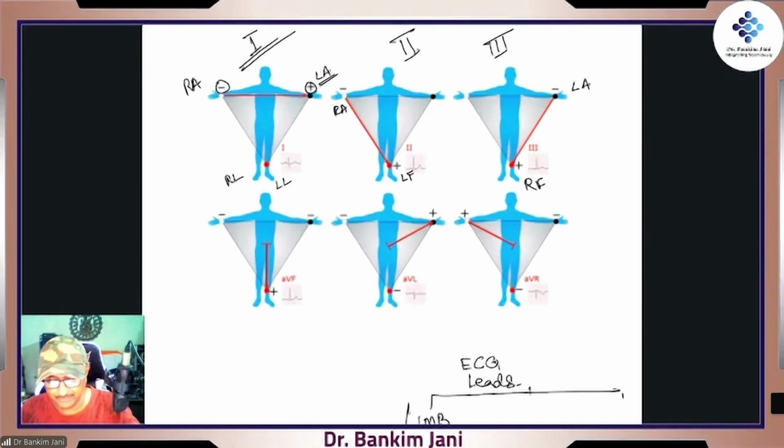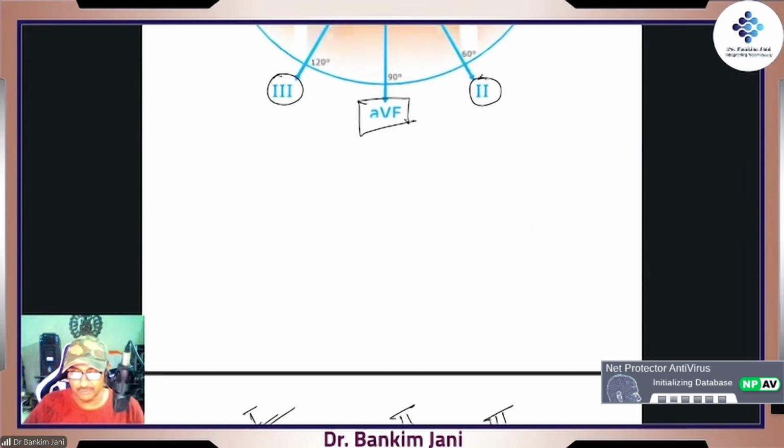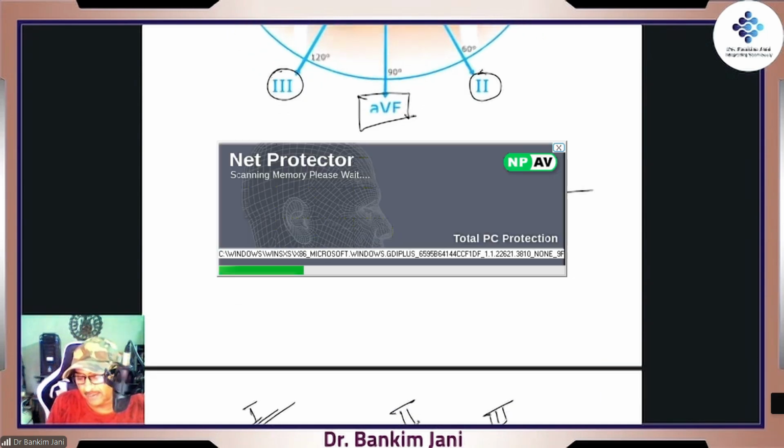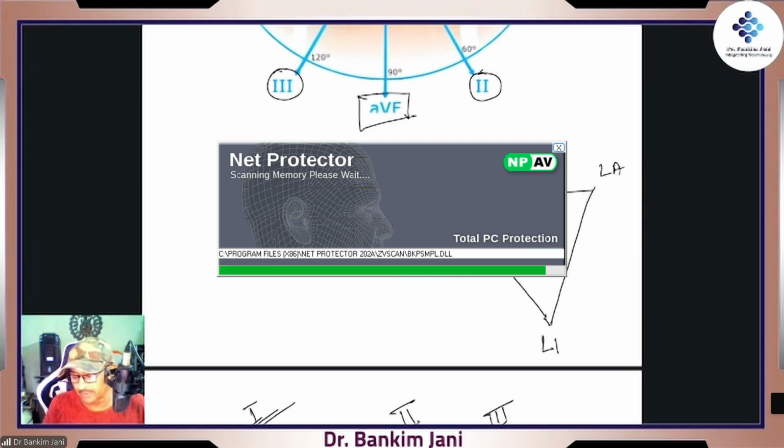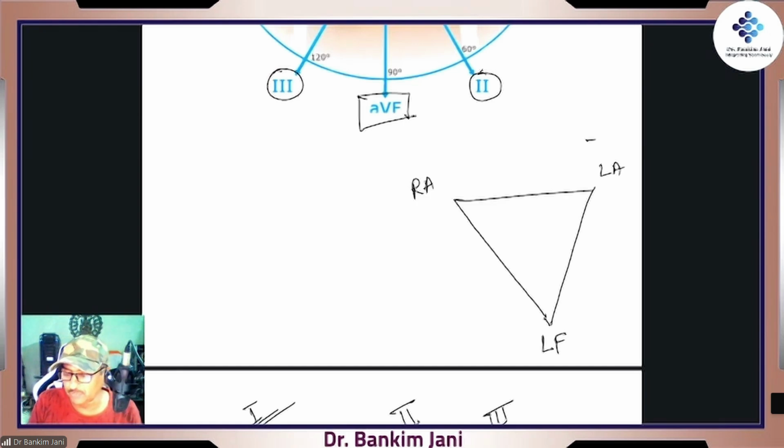So what if I superimpose all three? If I draw it like this, so here is the right arm, here is the left arm, here is the left foot. This one is plus, this one is minus. This is minus, this one is plus.